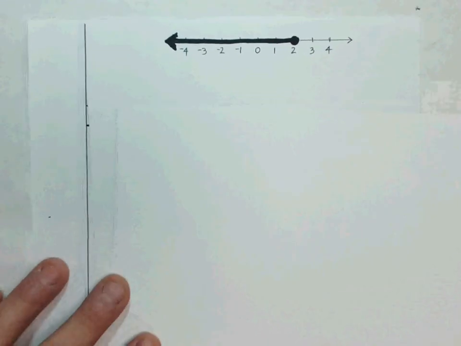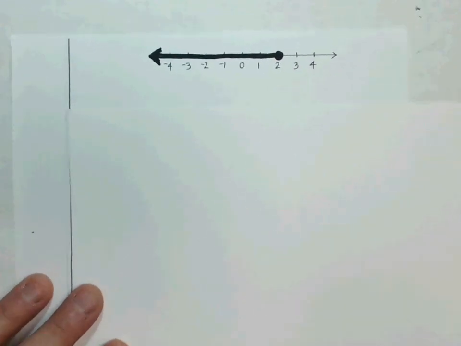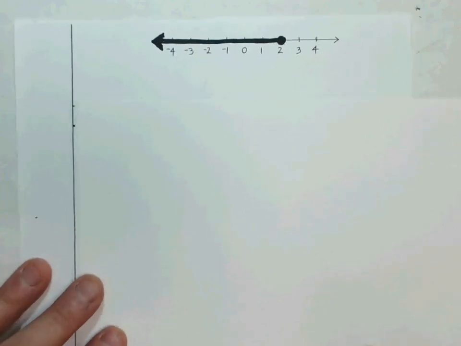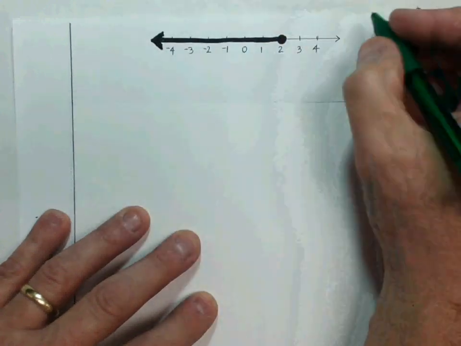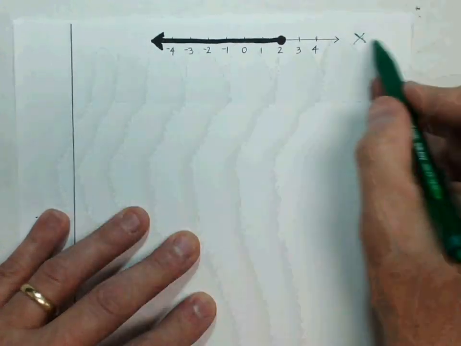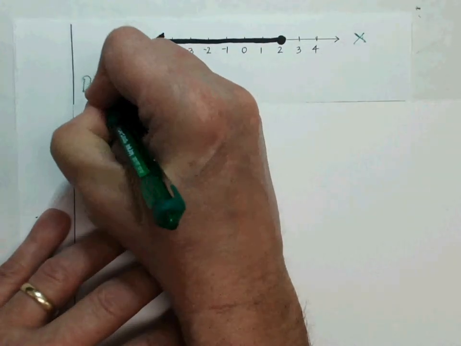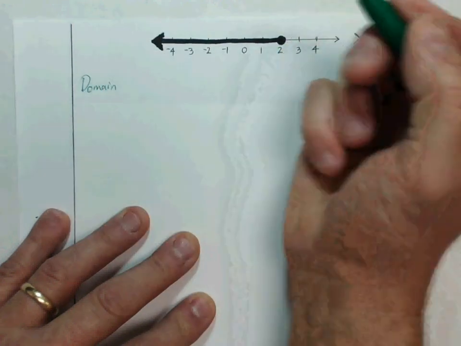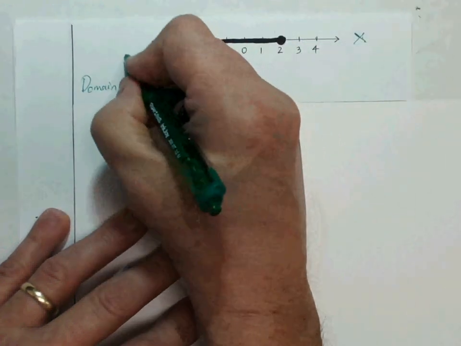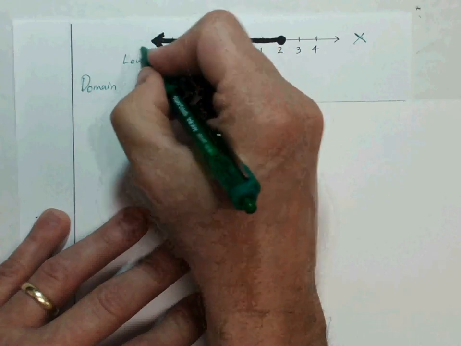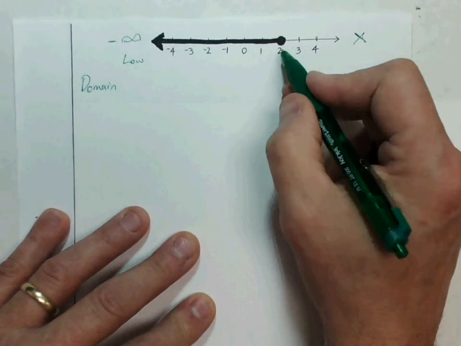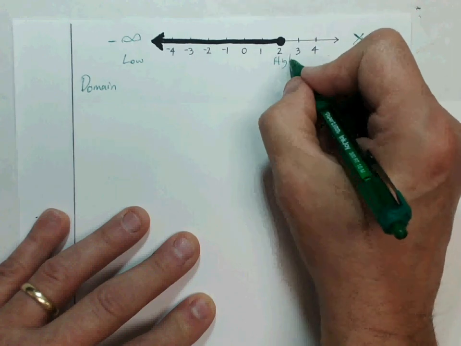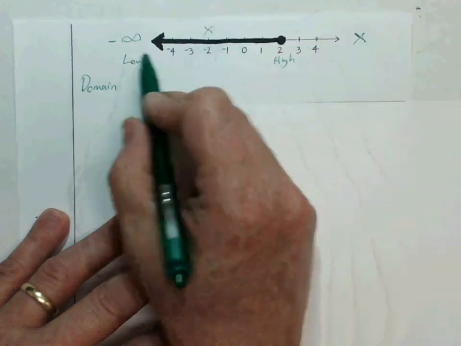Alrighty, so again, we're just looking at some examples. I want to get as many as we can right here. We're looking at a domain problem because it's horizontal, so we want to find the domain. Alright, what do I notice? I got my low number heading this way forever, so that's negative infinity is my low number. My high number is 2, and all the other x's are in between.